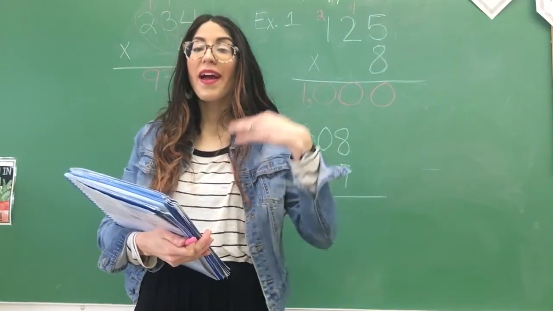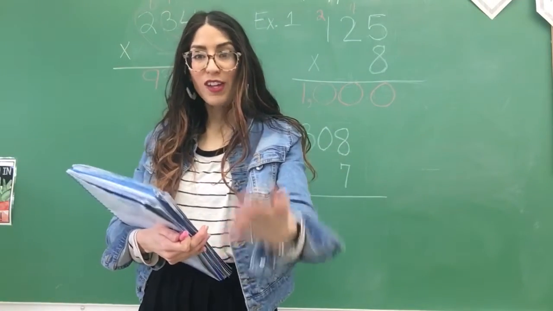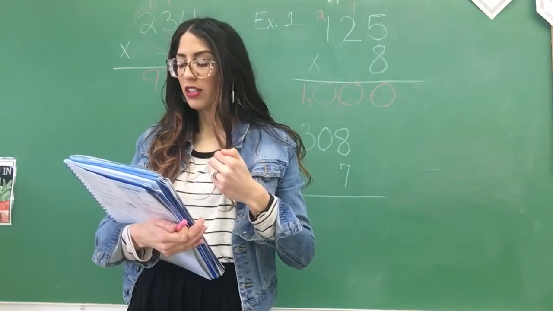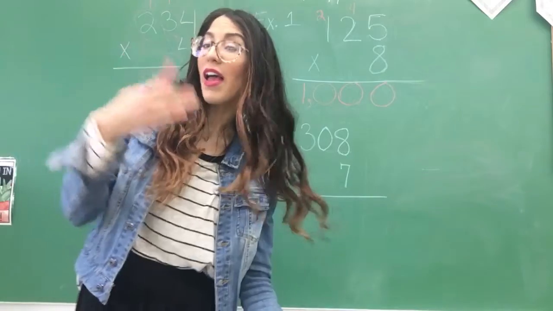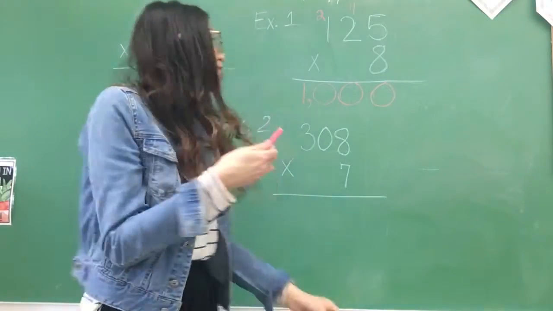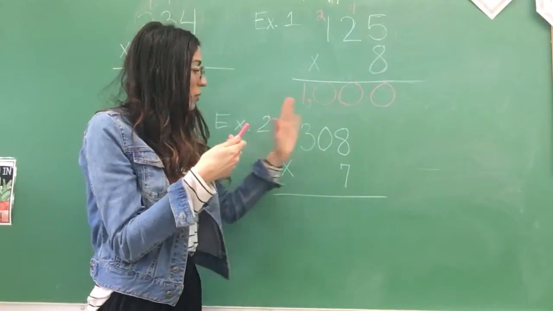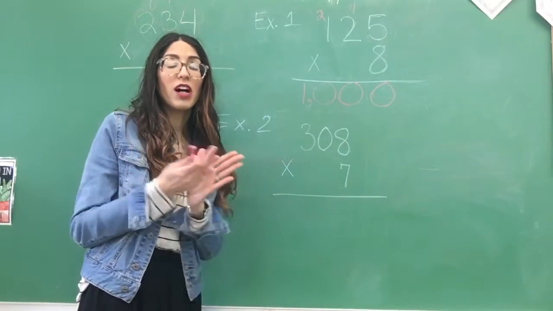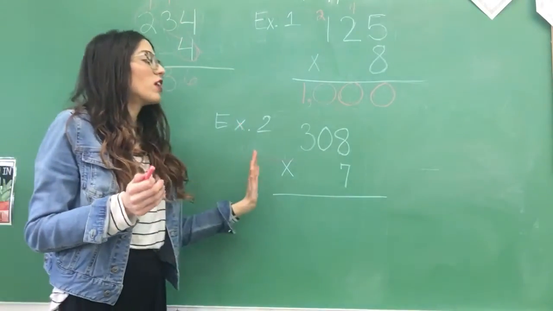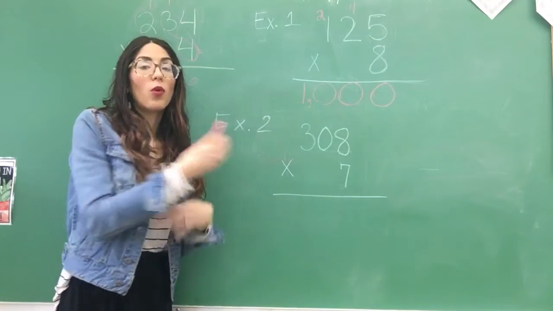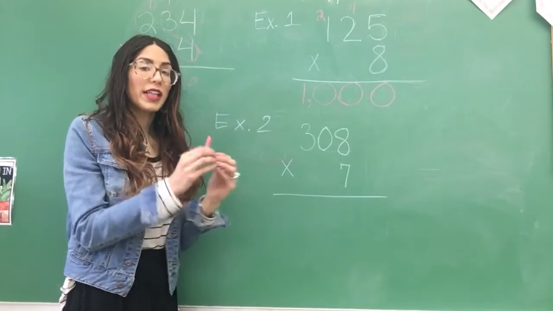The answer to a multiplication problem. Excellent job, okay? So we're going to solve and get the product. We're going to make sure we are doing it step by step, okay? So follow along. If you are still confused, this is another example where we're going to review the steps one last time.